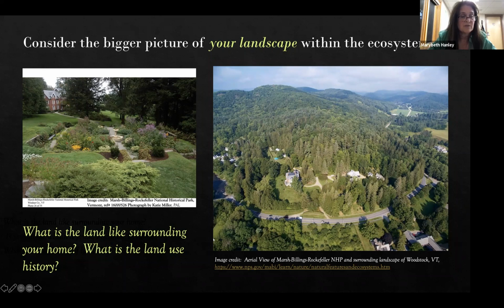This is a picture of part of the design landscape, and this is an aerial photograph of what it looks like. So this garden is actually right here. So you can get a sense of what kind of habitats surround the designed part of the landscape. So it's very forested.